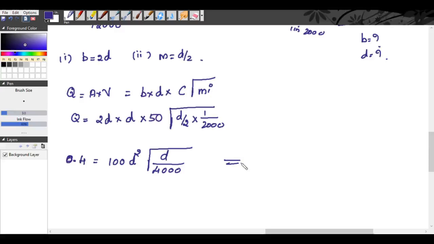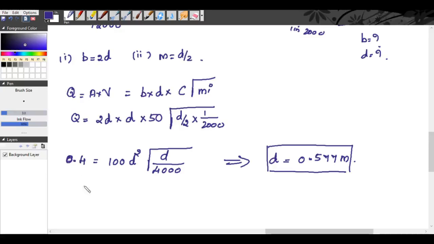So the only unknown is D, from which we get D is equal to 0.577 meter. So if D is 0.577 meter, we know B is equal to 2D. So that is 2 into 0.577, from which we get B is equal to 1.154 meter.